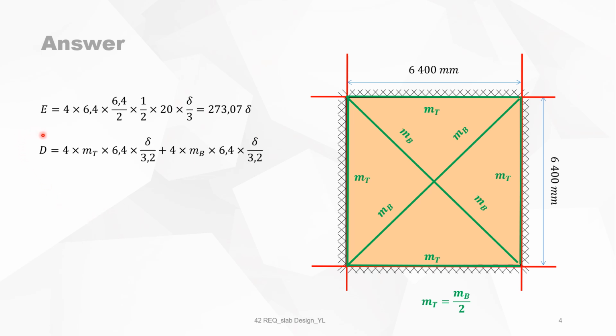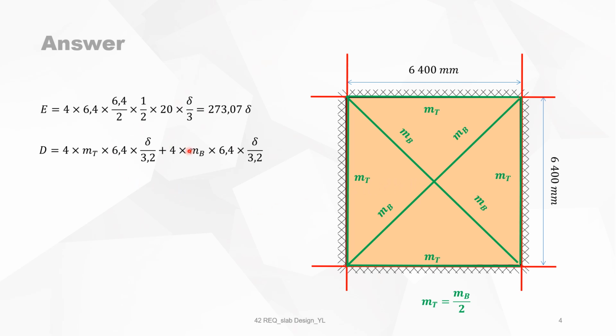The work done by the internal forces. First, let's start with the top bending moments, or the negative bending moments. We have 4 yield lines, so it's 4 times the top bending moment projected on the axis of rotation. So that means 6.4, times the angle of rotation, which is of course delta divided by this distance, which is 3 over 2.